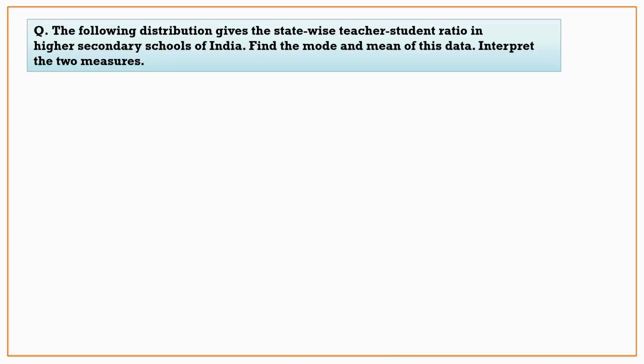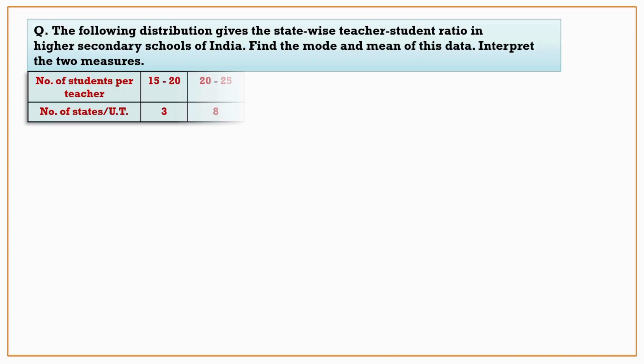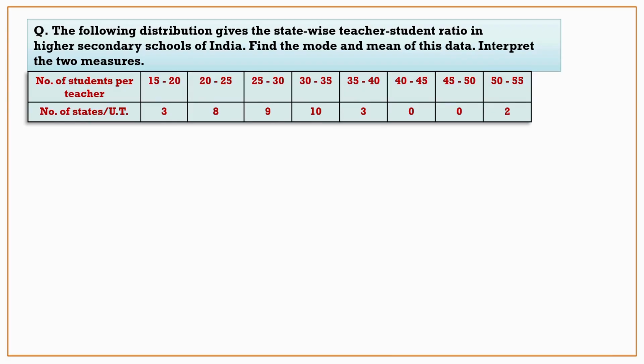The following distribution gives the state-wise teacher-student ratio in higher secondary schools of India. Find the mode and mean of this data. Interpret the two measures. Okay, so here also we need to find the mode and mean. The number of students per teacher is given, and the number of states is also given.